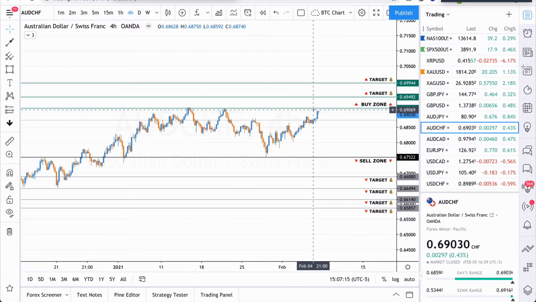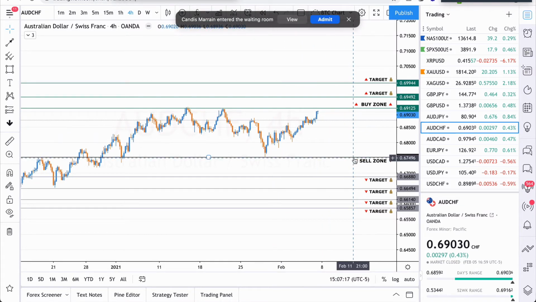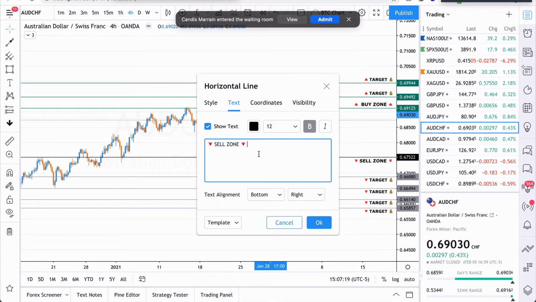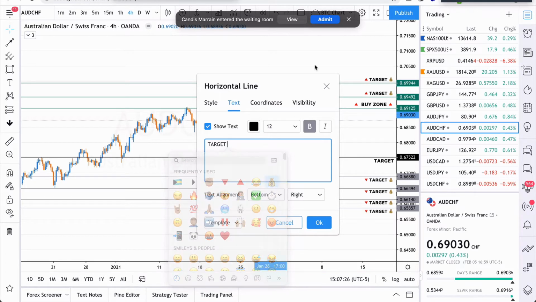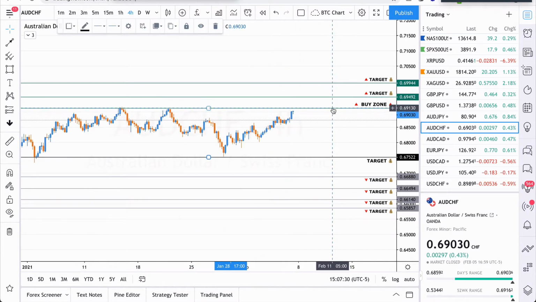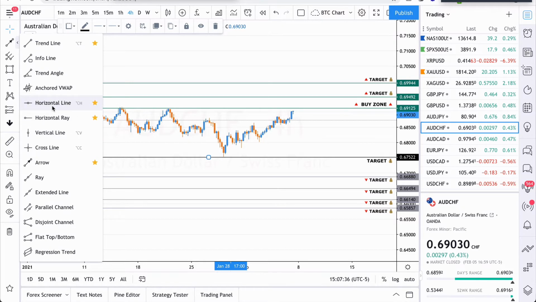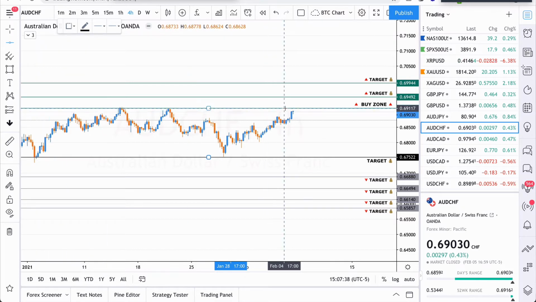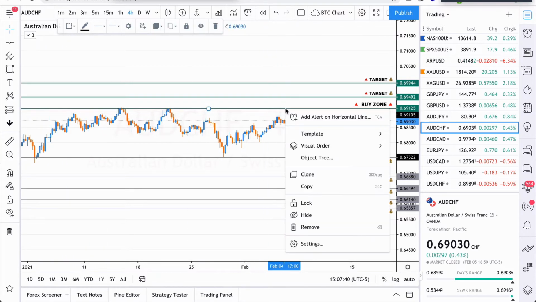If it does not break, this sell zone becomes your target. This is where you get the money. So right here, I'll put another horizontal line right in here.